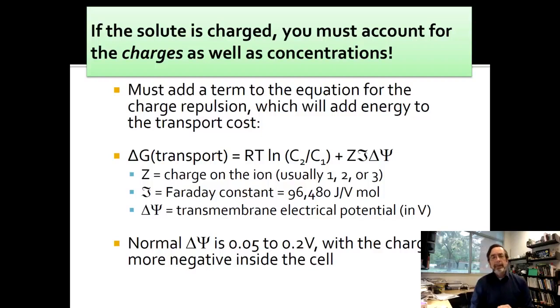I'm moving into the cell, so I know it's more negative inside the cell. I'm moving a positive ion inside the cell, so I know my overall term is going to be negative. Delta G for moving something positive into a more negative environment, it's going to be more stable. More stable means negative delta G.